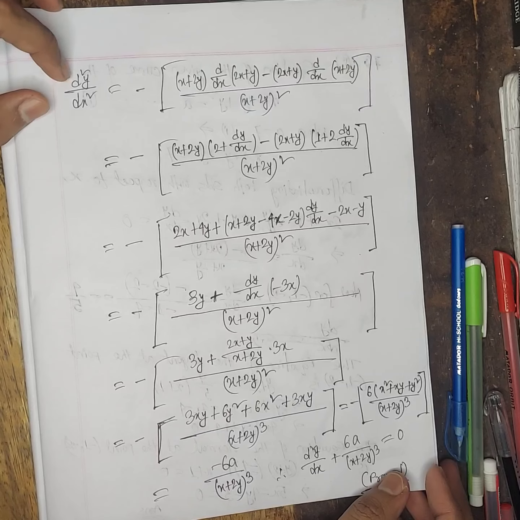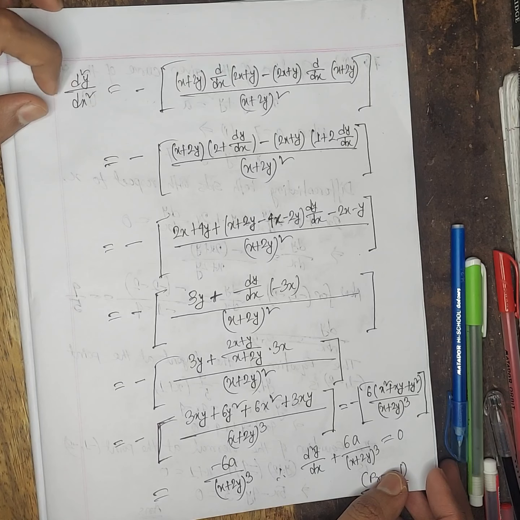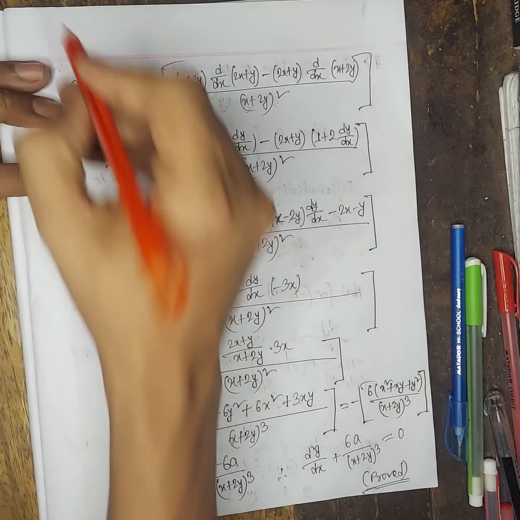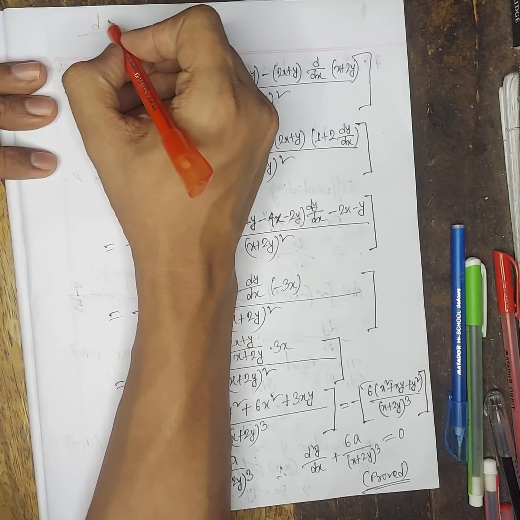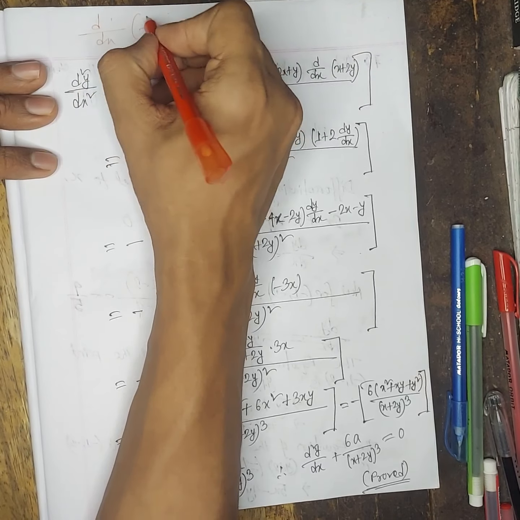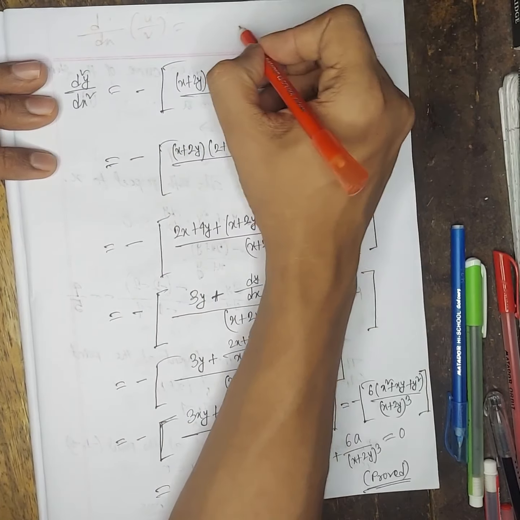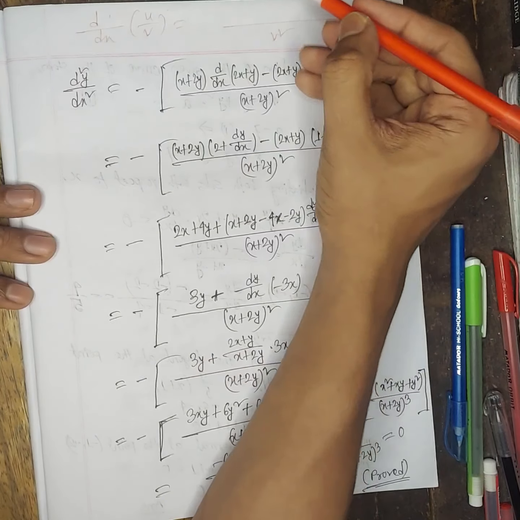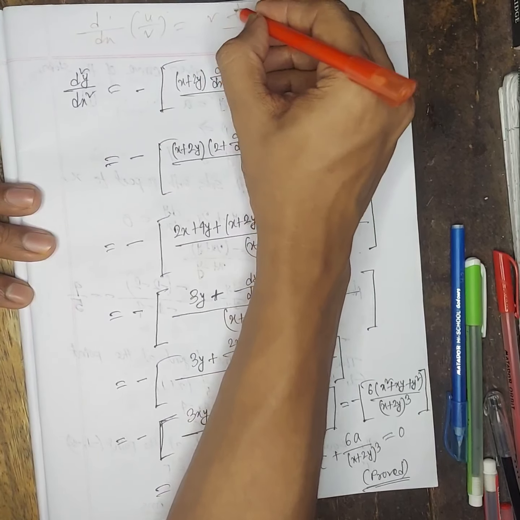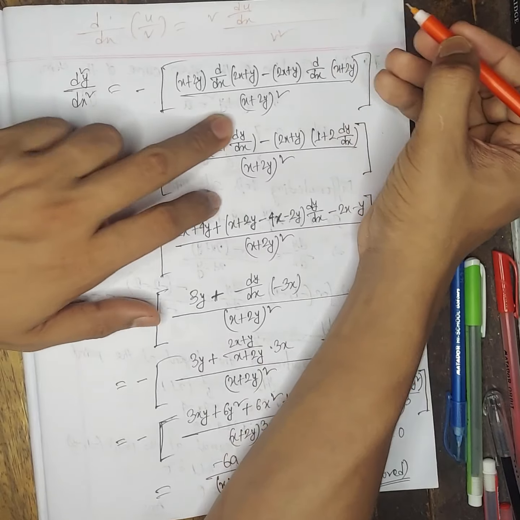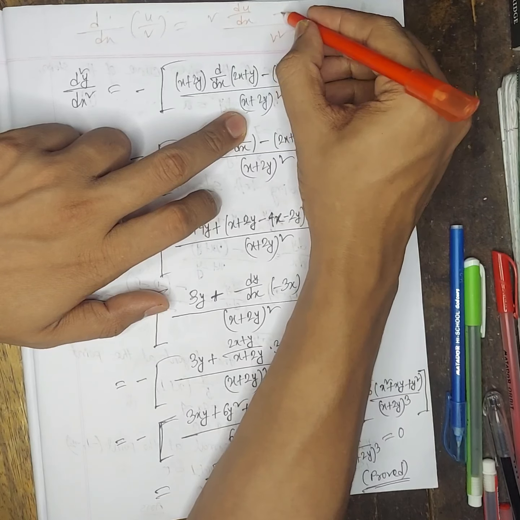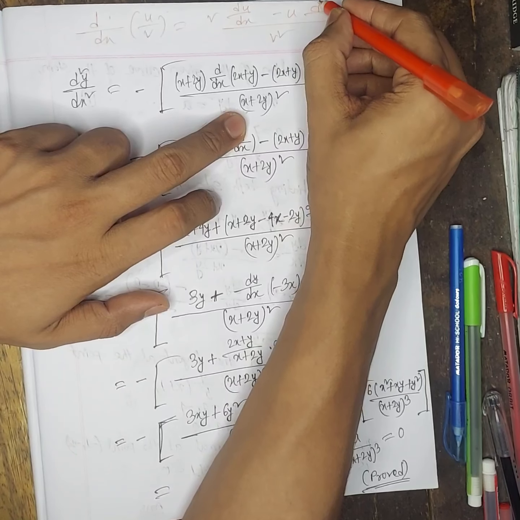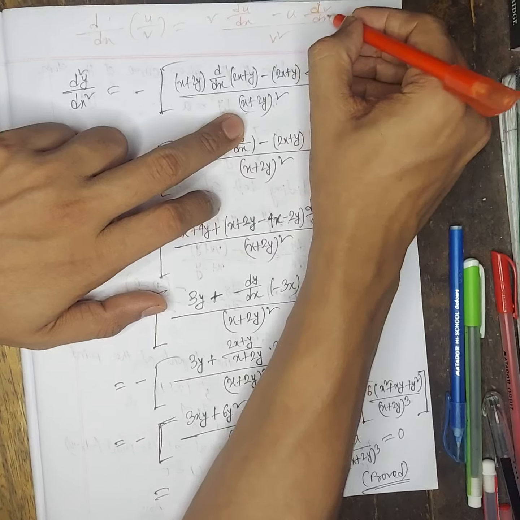this. To differentiate d square y by dx square, we use this formula: d by dx of u by v is equal to v square in the denominator, and in the numerator v du by dx minus u dv by dx.